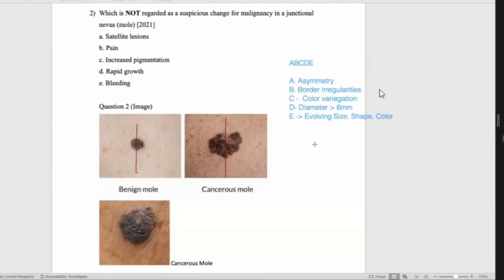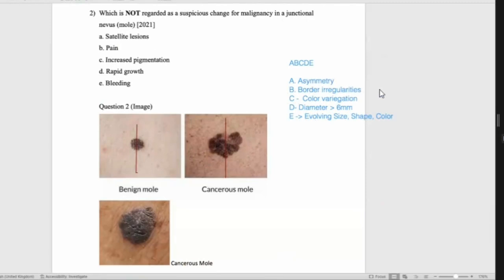Or they can say it starts to have a little bit of satelliting, or the shape is changing a bit more. So evolving shape can mean development of satellite lesions, right? Satellite lesions just means there's a malignancy and it's spreading to other areas of the skin. And then evolving color, meaning it was probably brown before and now it's getting a bit darker, that kind of thing.